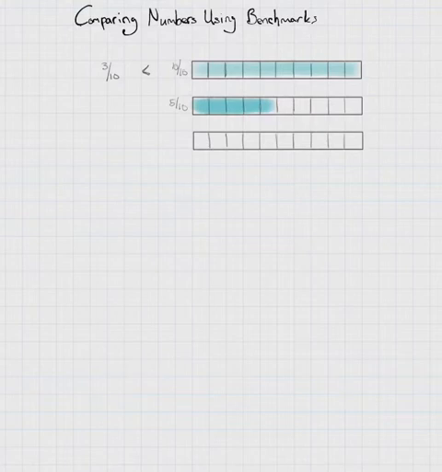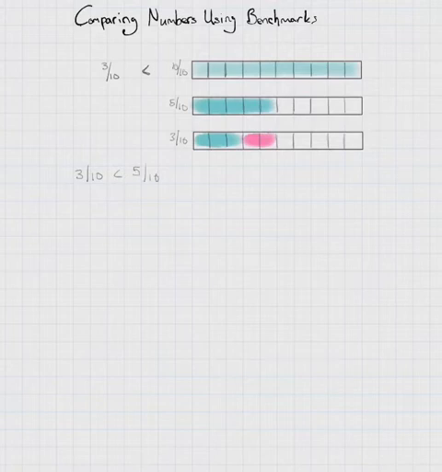So in my last one here, I'm going to show you what 3/10 looks like, and this is going to be 3 blocks. Which is bigger, 5/10 or 3/10? Well, 3/10 is 2/10 short of 5/10. So I know that 3/10 is less than 5/10.